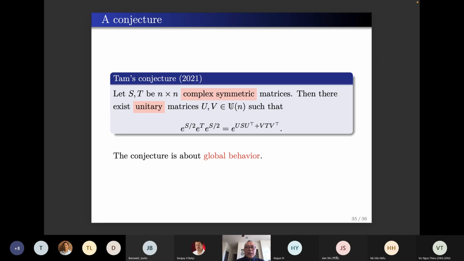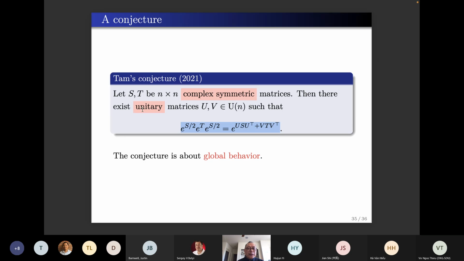And I myself have a conjecture. Suppose S and T are n by n complex symmetric matrices, then there exist unitary matrices U and V such that we have this formula. Sorry, this conjecture is a global behavior conjecture. I don't require S and T to be close to the zero matrix.